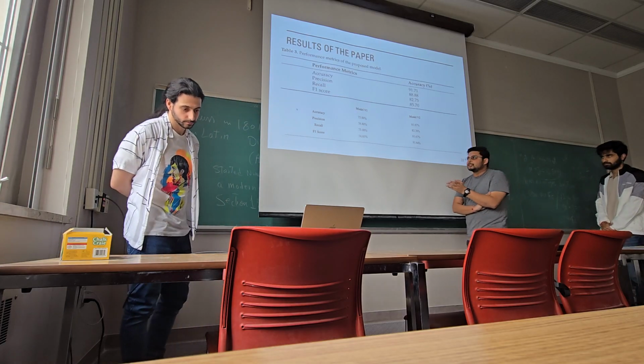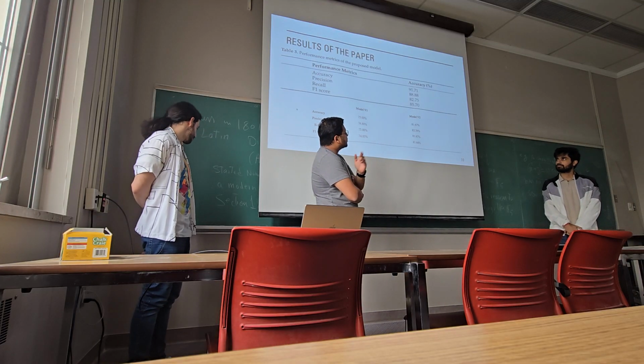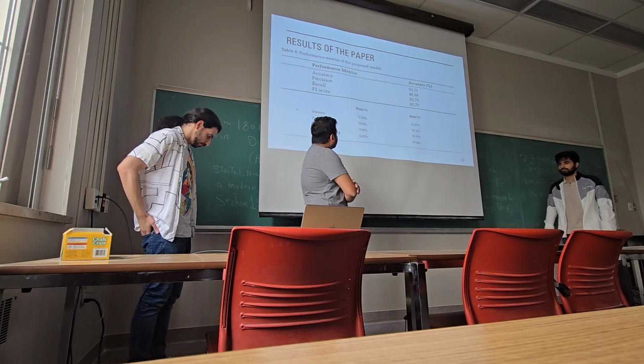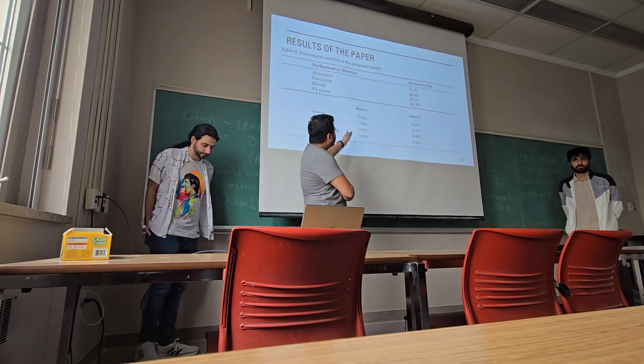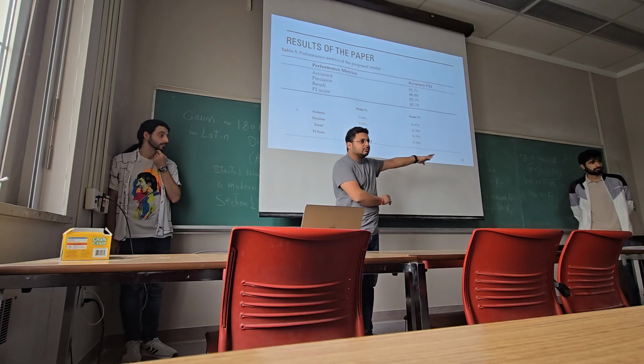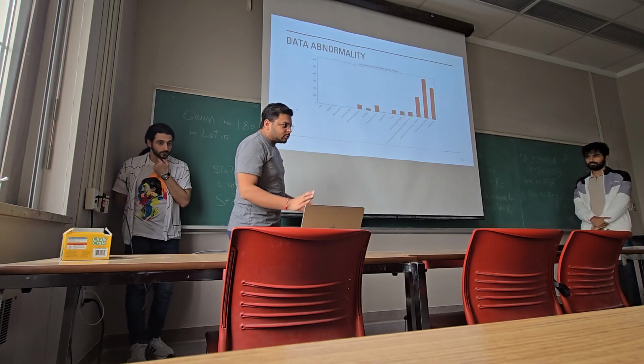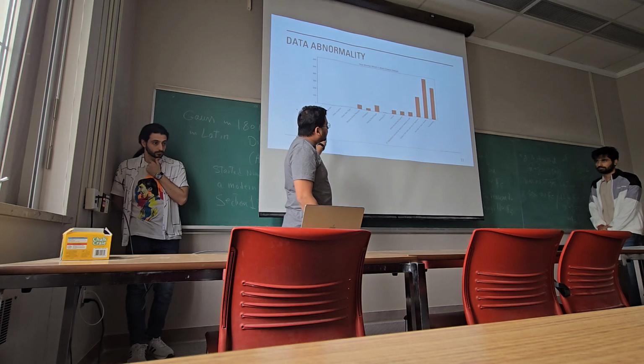So as Marshall mentioned, the paper got an accuracy of more than 91%, which was pretty high. So we thought of creating two models. V1 is basically the same model that the author has used. V2 is a modified version that we came up with. The reason we did that was because of the data abnormality.